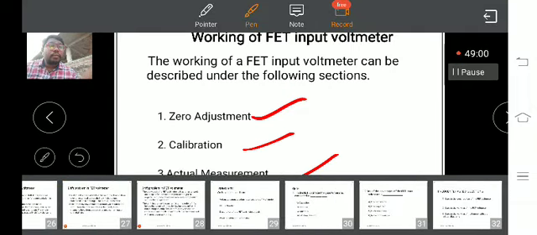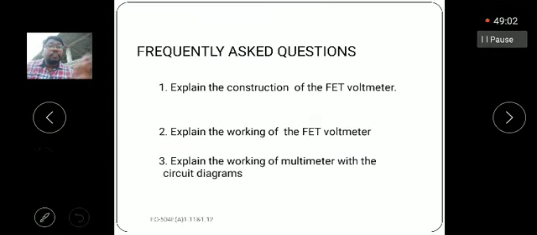Next one is: explain the working of the multimeter with circuit diagram. That means what a multimeter is and how it is connected. These are related to the multimeter section. Also, one more important question asked in the examination is the drift problem in the FET input voltmeter.